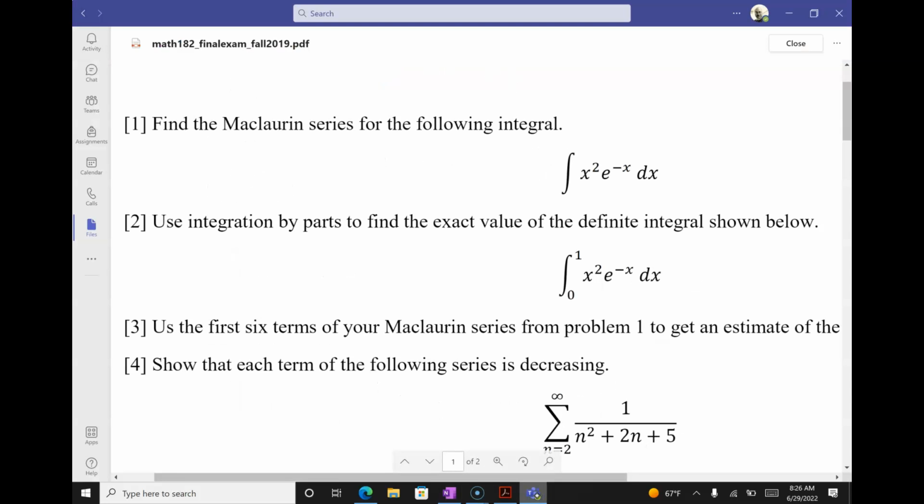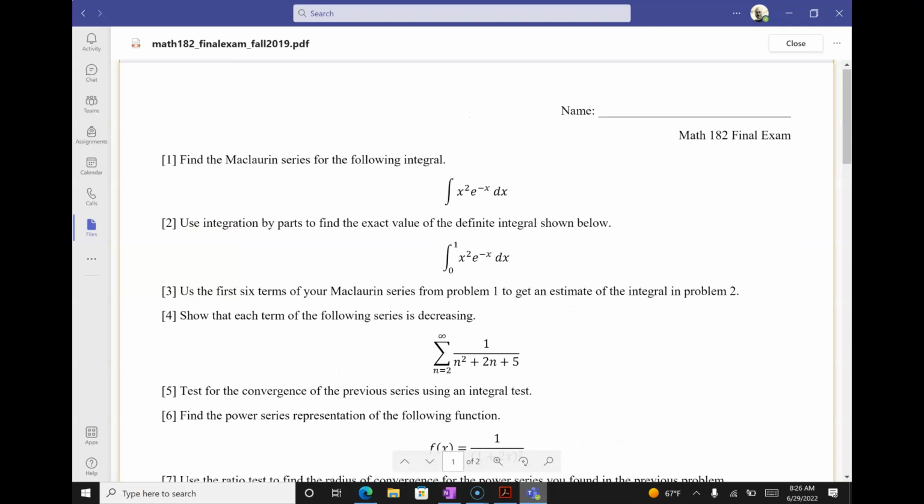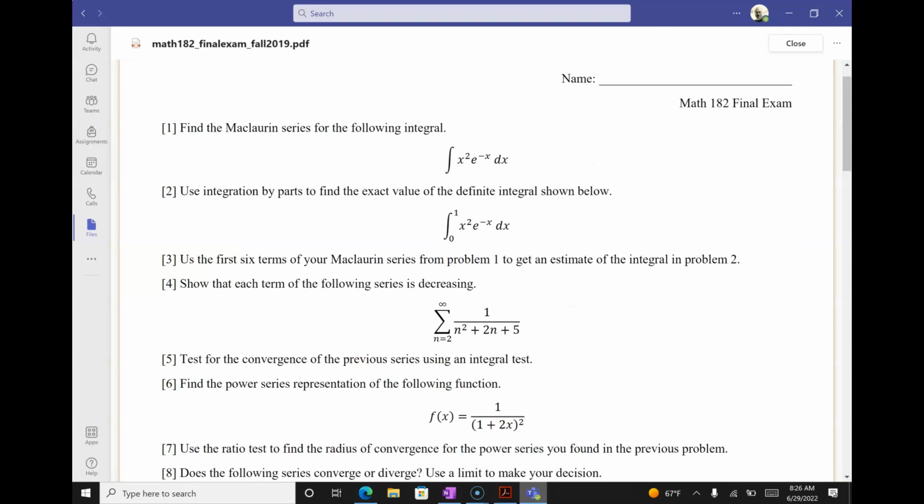All right, let's look at a problem on a Calc 2 test I've given. We want to show that this thing is positive, which is obvious, right?